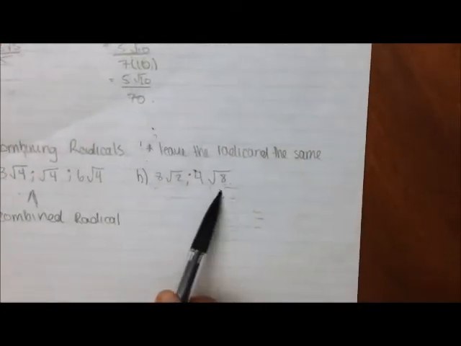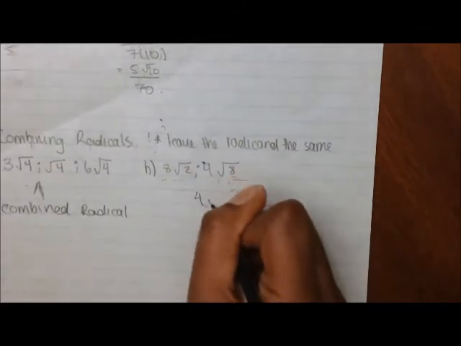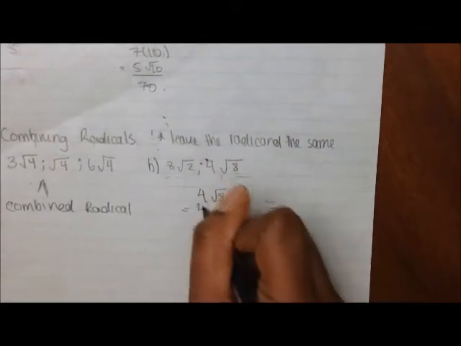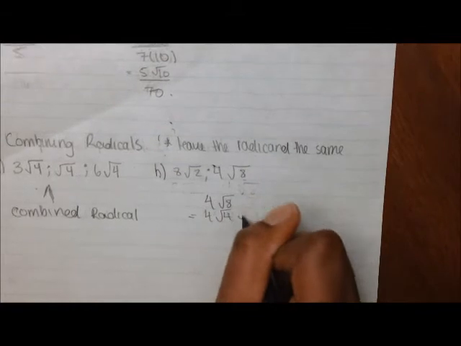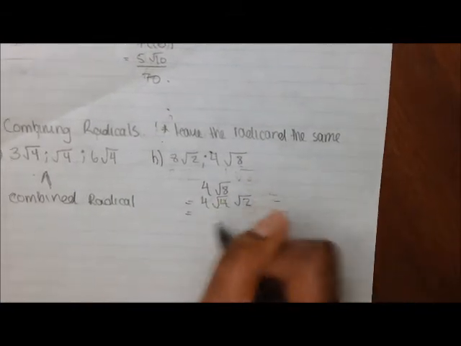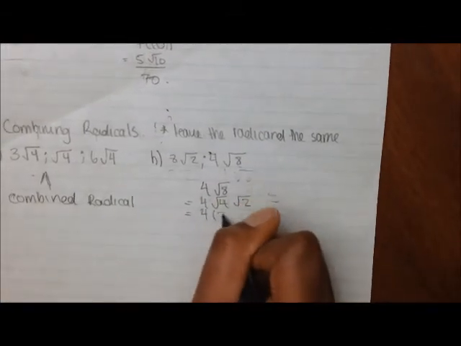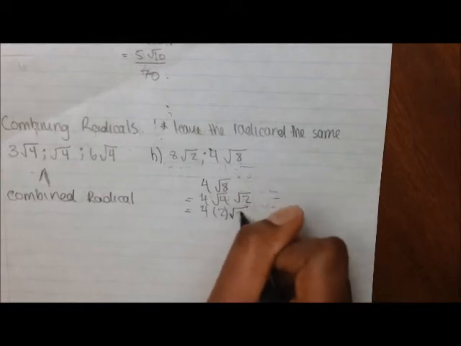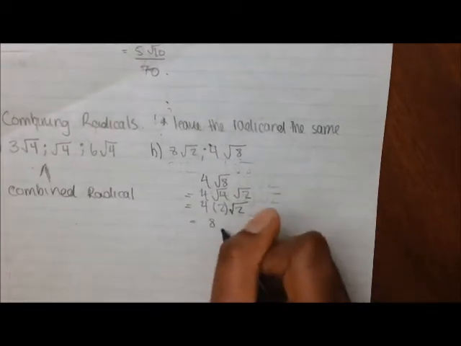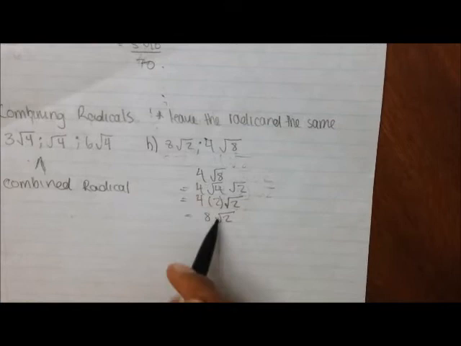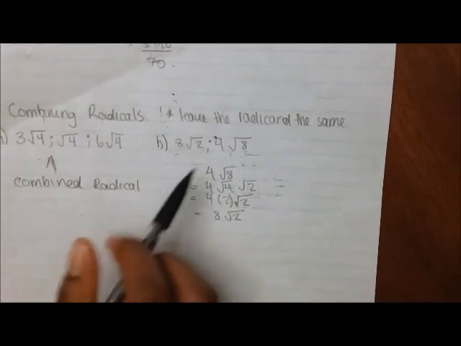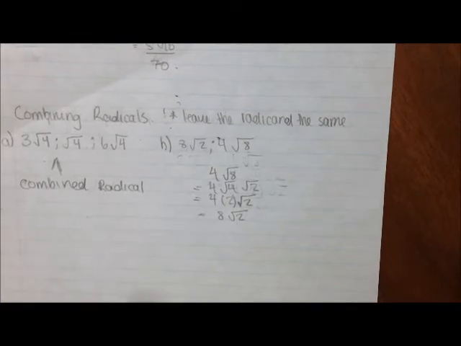But I know that I can simplify 8. So for 4 and the square root of 8, it can be square root of 4 and the square root of 2. And since the square root of 4 is 2, you multiply 4 by 2. And you leave square root of 2, and that will now become 8 with the square root of 2. And now the square root 8 and the square root of 2 and 8 and the square root of 2 are combined radicals.